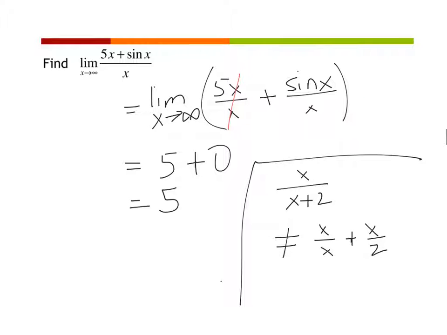They are not equal to each other. It's a different situation. You can't do that, so please don't. It is wrong. But you can split it up the other way. Okay, is that one easy? Does everyone understand it? It's fine.